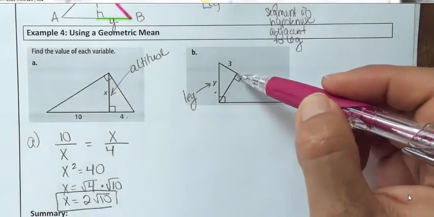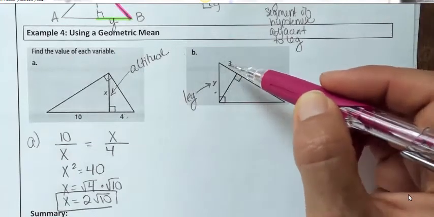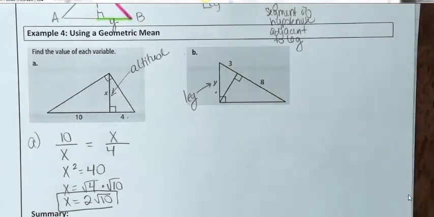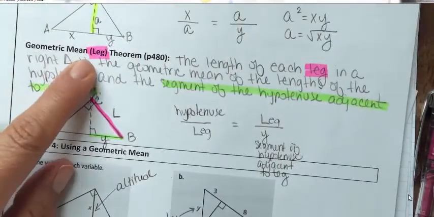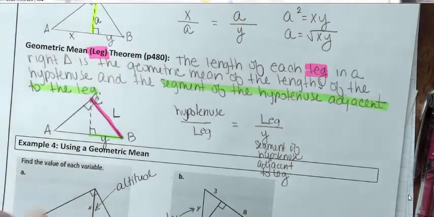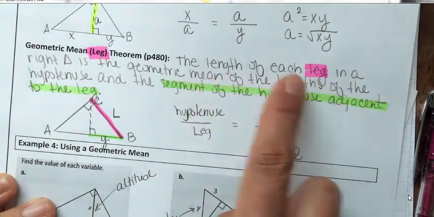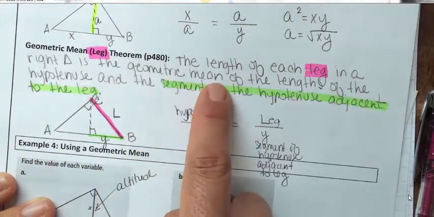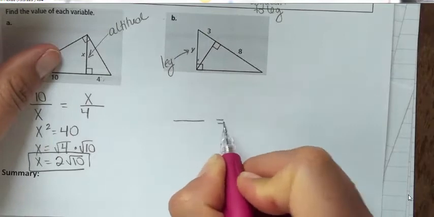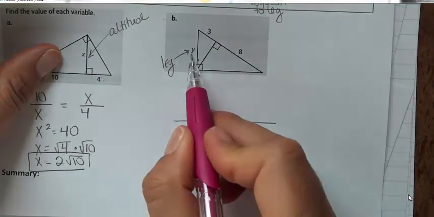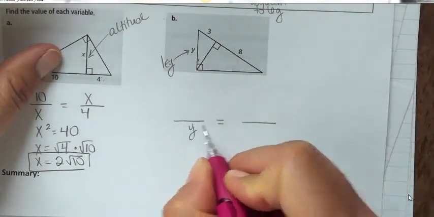However, once again, the altitude has split my hypotenuse into two different segments, of which I know the actual values of the lengths. So I'm going to end up using the geometric mean leg theorem, which says the length of each leg in a right triangle is the geometric mean. So when I set up my proportion, the leg is the geometric mean, so it goes in the middle.